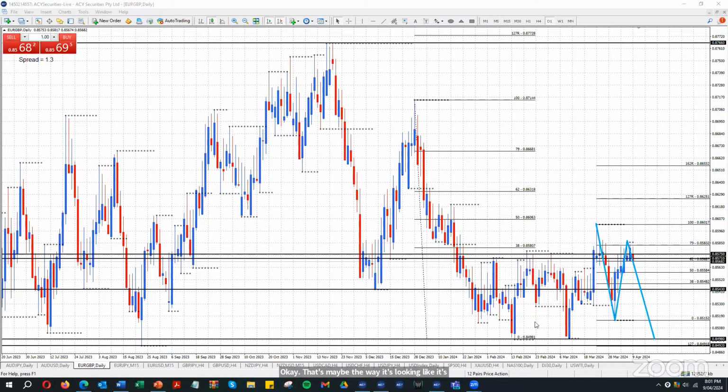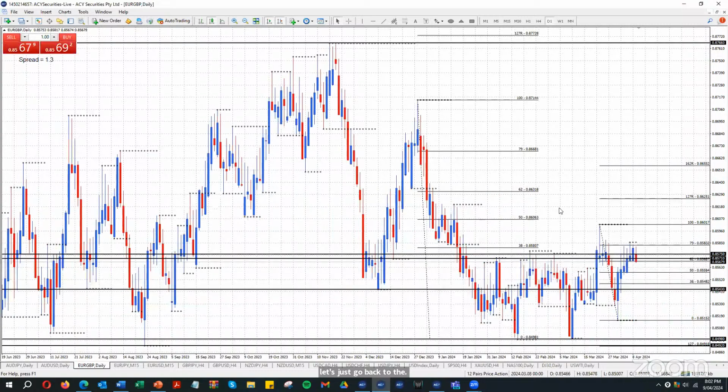On the weekly chart, it actually looks like maybe this is a movement above. Let's just go back to the weekly chart because time frames are very difficult at the moment on this pair.